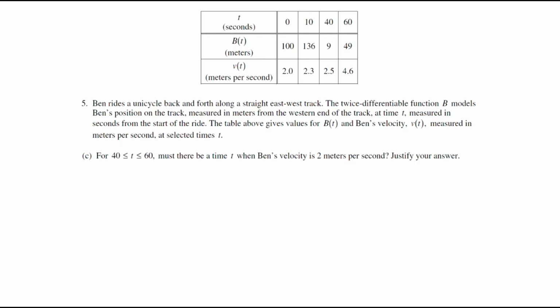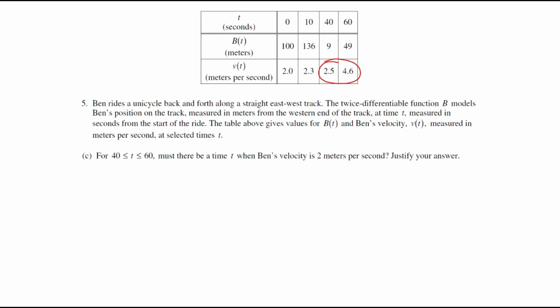In part C, it says for t equals 40 to t equals 60, is there a time when his velocity is 2 meters per second? And so we have a couple of different options here. One would be to just look at the interval from 40 to 60, knowing that the velocity is continuous, to see if one of the values is more than 2 and one of the values is less than 2.